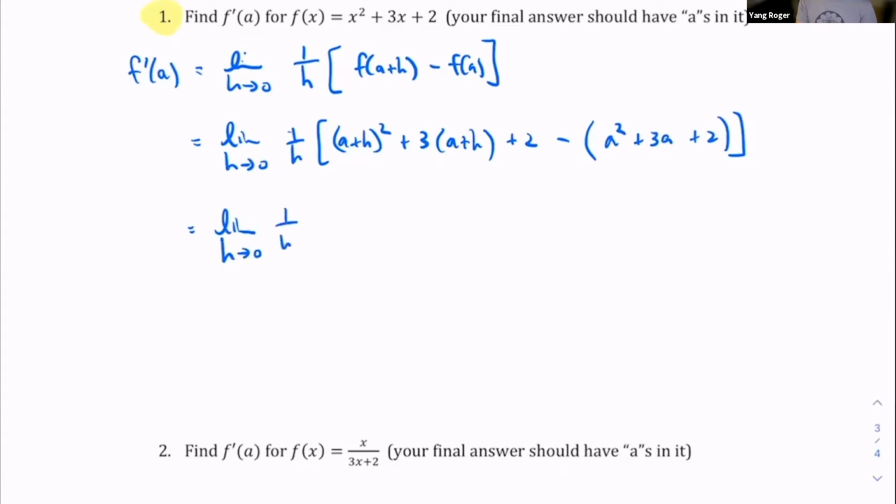So that's going to be 1 over h. We're going to have a squared plus 2ah plus h squared. We have plus 3a plus 3h plus 2. That's what I get when I expand this whole first part. Any questions so far?